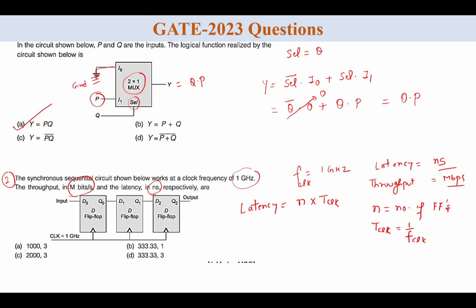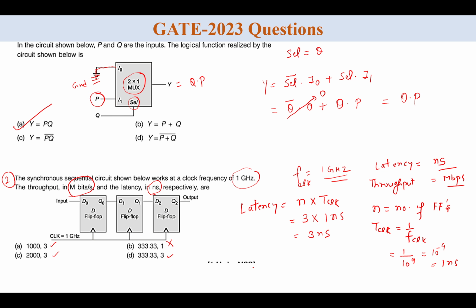The f clock value is already given here, 1 gigahertz, which means 10 to power 9. So t comes to 10 to power minus 9, which is 1 nanosecond. N is the number of flops, which is 3. The t clock value is 1 nanosecond, so we get 3 nanosecond. So what are the possibilities? The correct option may be this one, this one, or this one. This one is surely wrong because latency is 3 only.